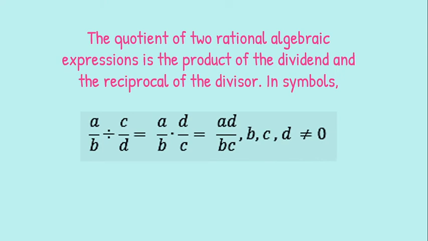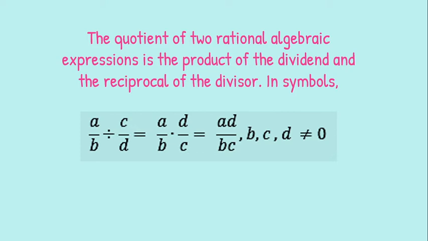So, the quotient of two rational algebraic expressions is the product of the dividend and the reciprocal of the divisor. In symbols, A over B divided by C over D is equal to A over B times D over C, which is equal to AD over BC, where B, C, D are not equal to 0.